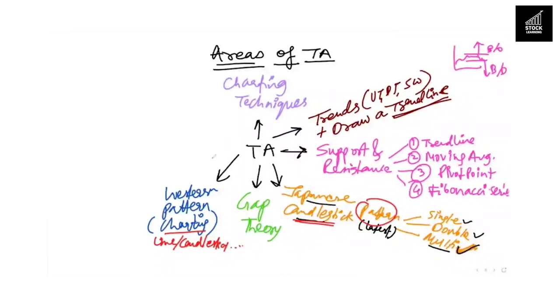Another study in technical analysis is of the technical indicators. Now, what are technical indicators? Let's try and find out. Technical indicators are actually formulas which you put on the price data.